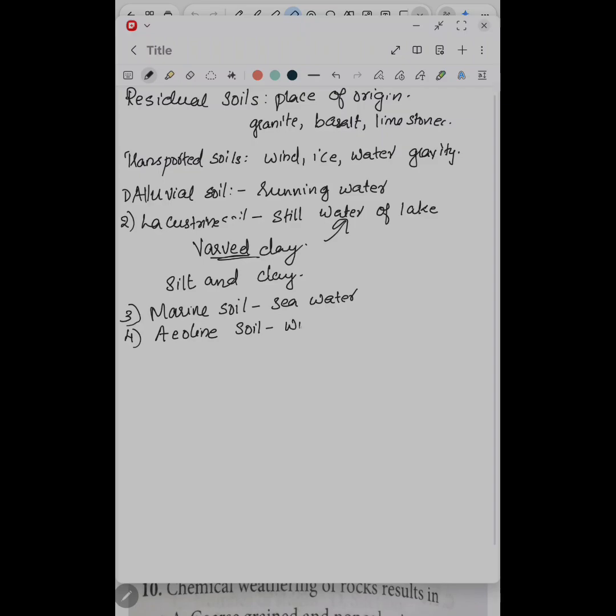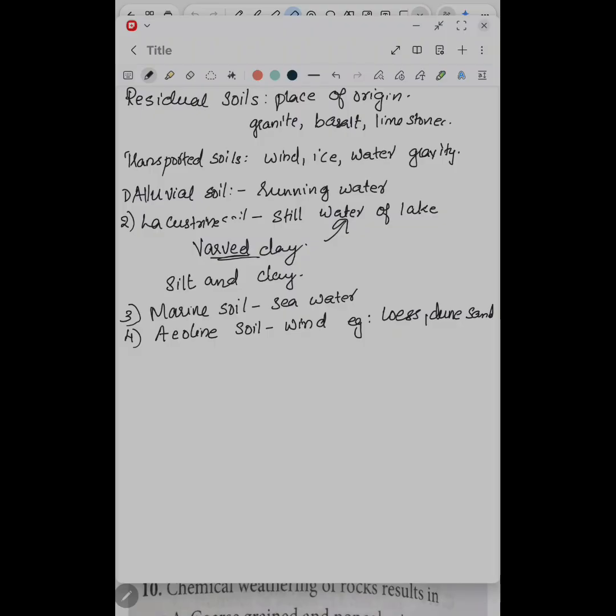The agent is wind. So here the example for aeolian soil is loess and sand dunes. Okay, so here the examples are sand dunes and loess.